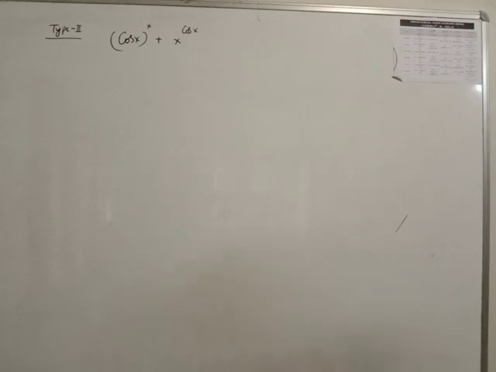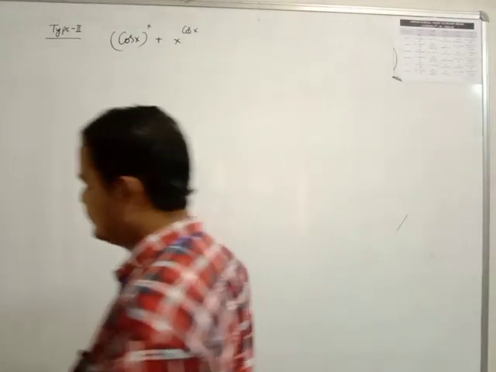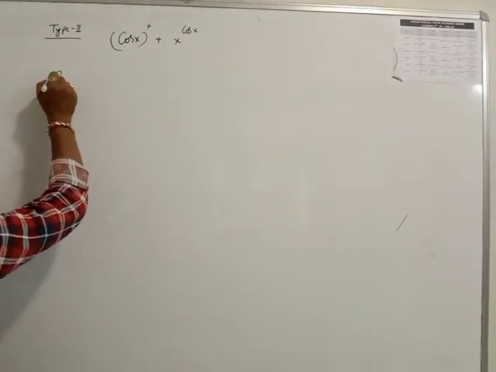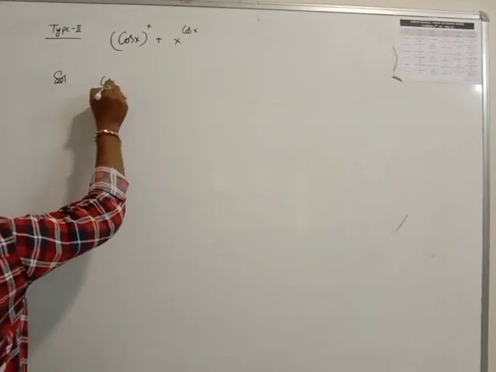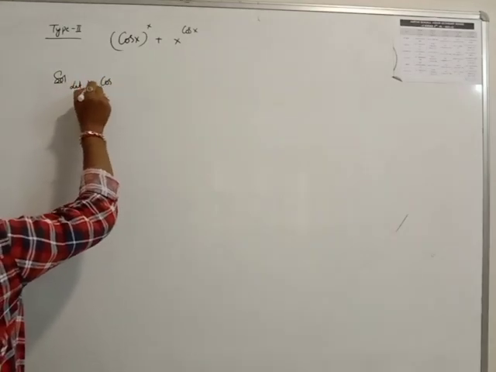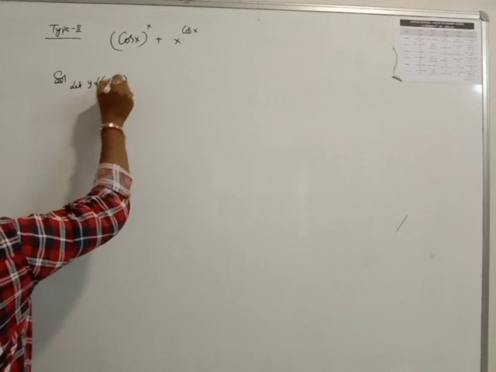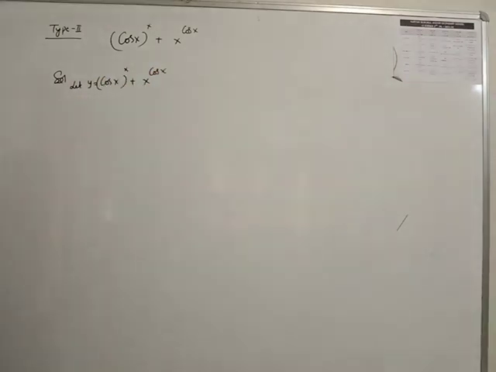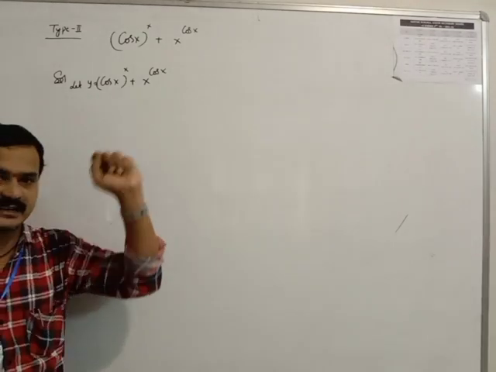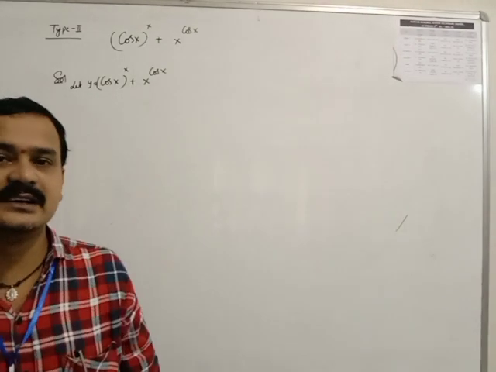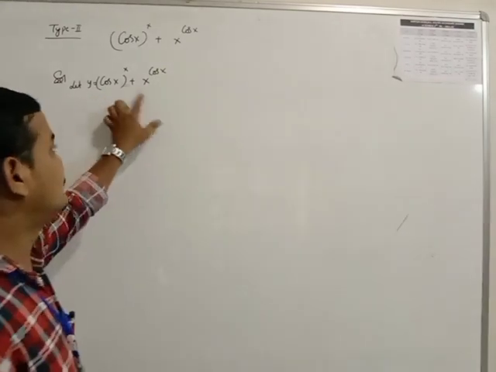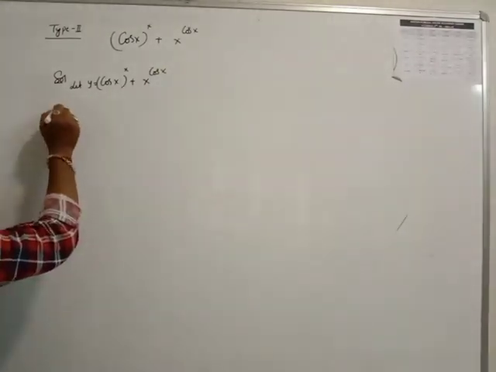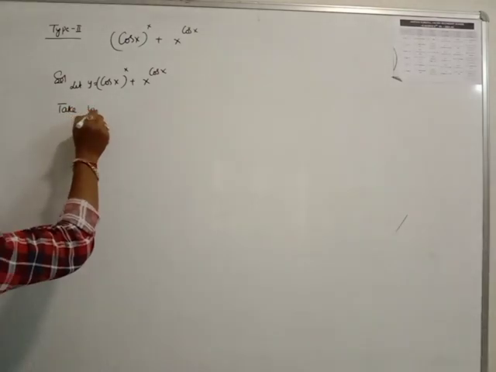This is the answer top function, sir. Then how can you solve it? See the solution. Let y is equal to (cos x) to the power of x plus x to the power of cos x. You cannot apply the log directly, because I said before, if you apply the log, what will happen? Take log on both sides.